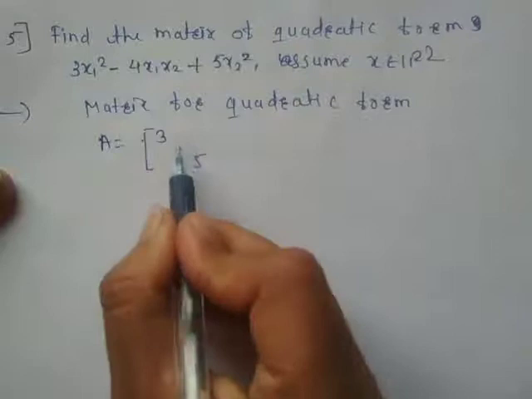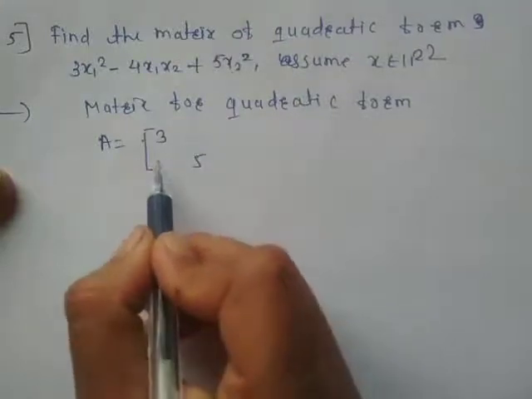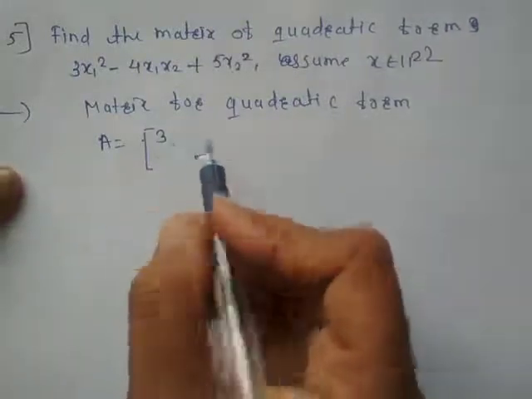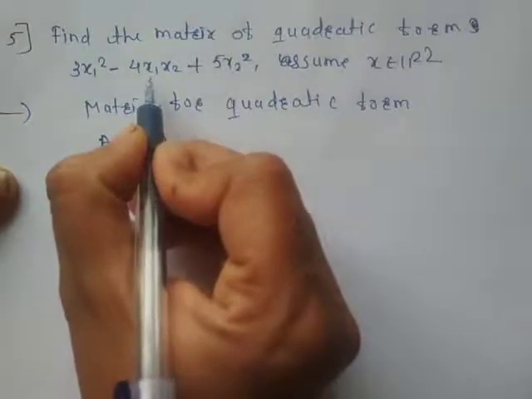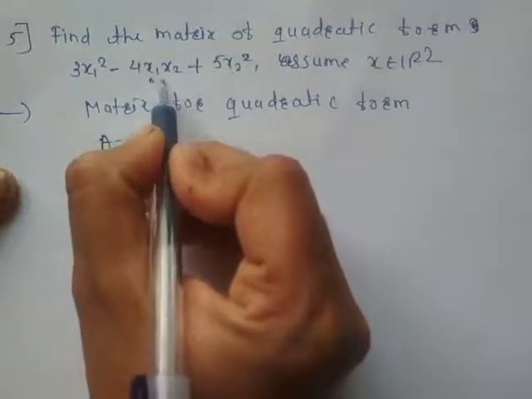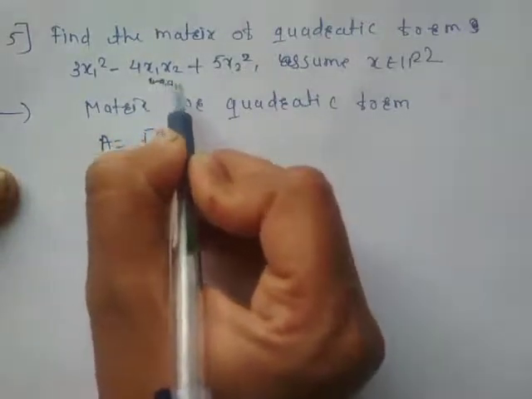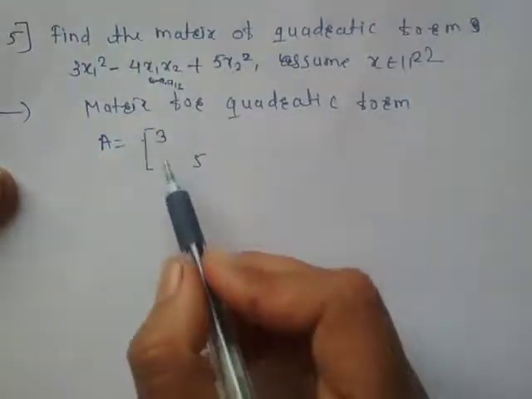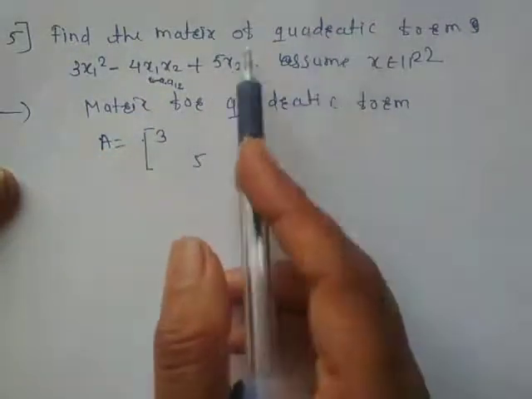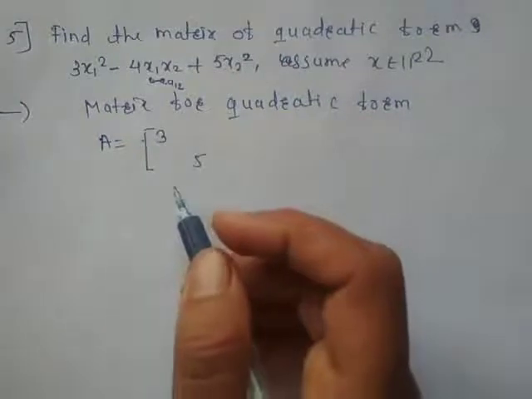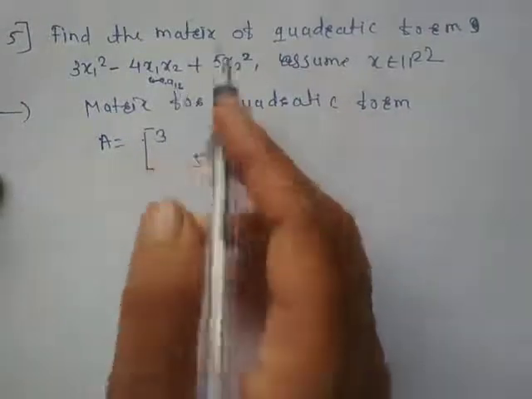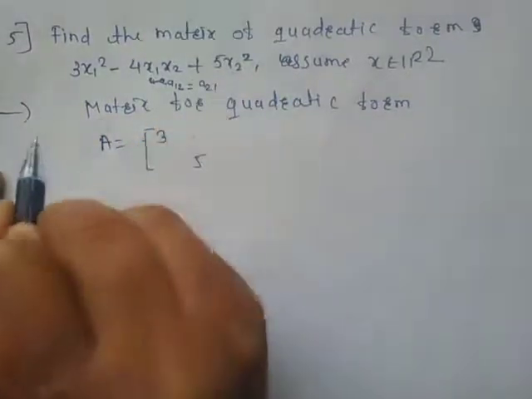See here, this entry is A12 and this entry is A21. The matrix of a quadratic form is a symmetric matrix, so the A12 entry is nothing but A21.